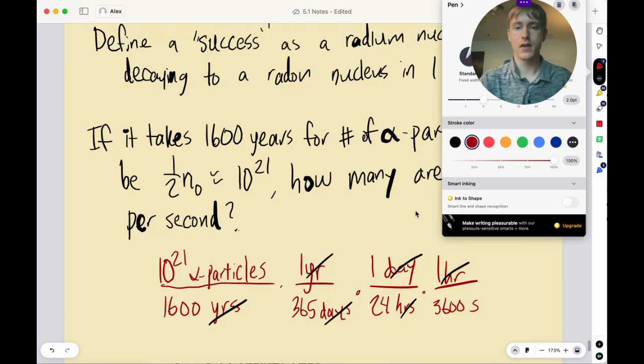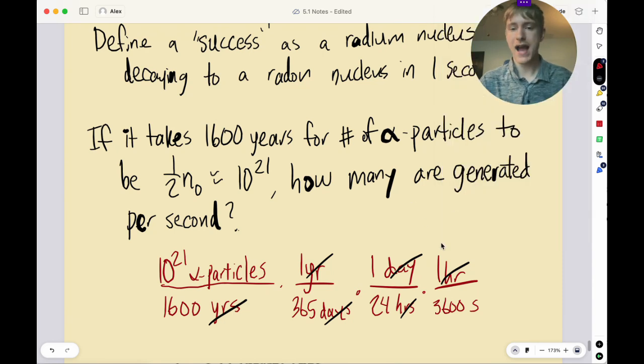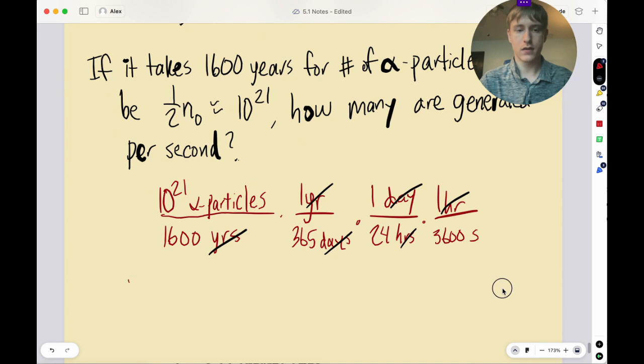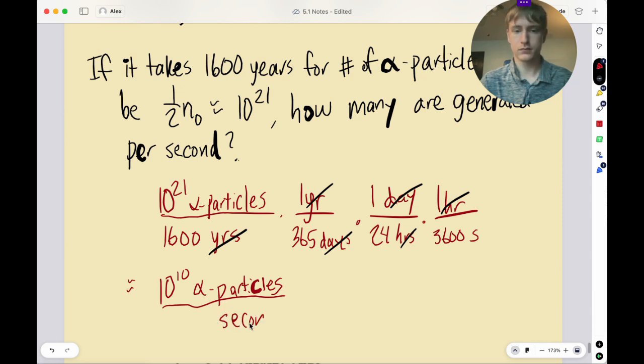Okay, so when you do the math, you'll discover that that is going to be on an order of magnitude of about 10 to the 10 alpha particles that are produced per second. Okay.